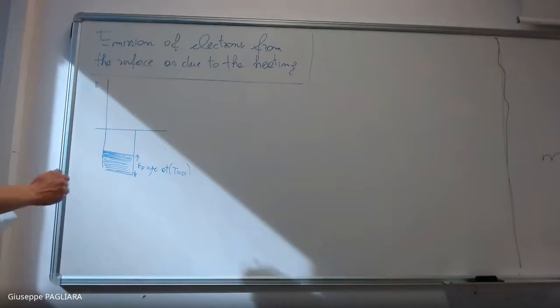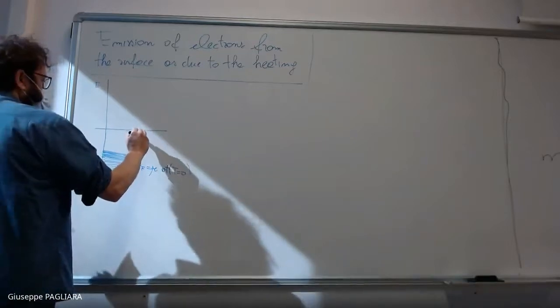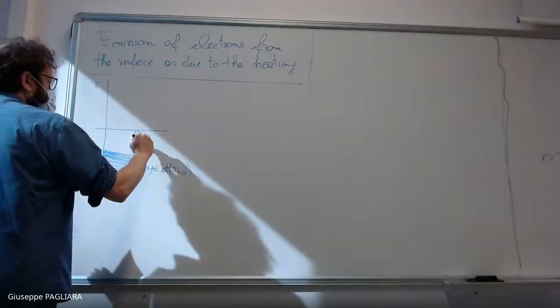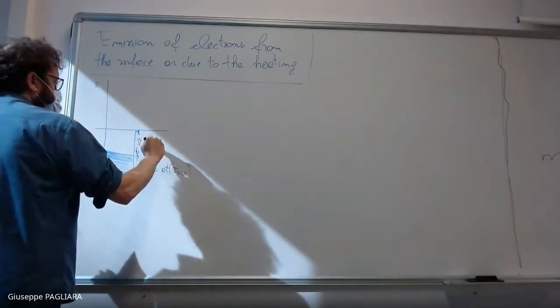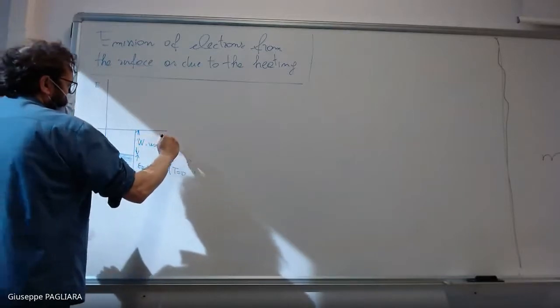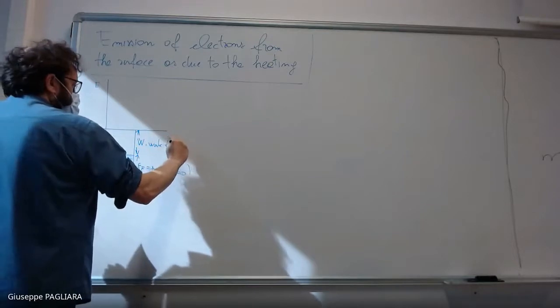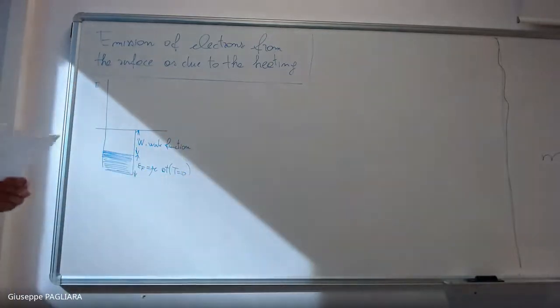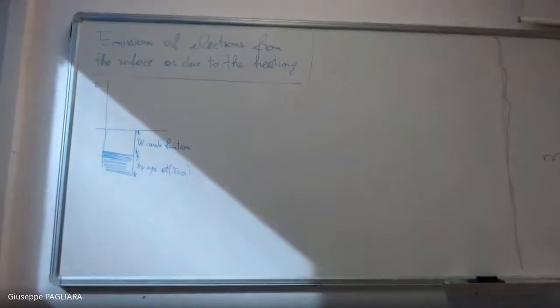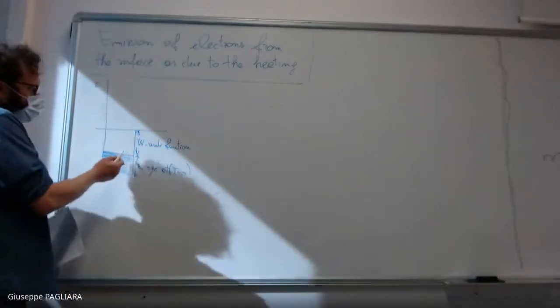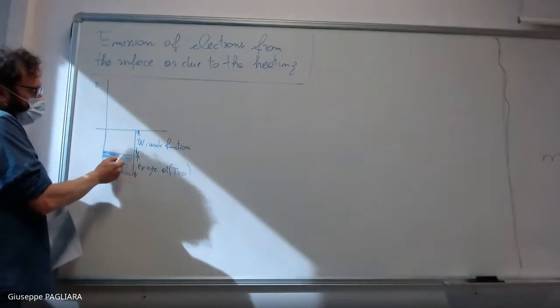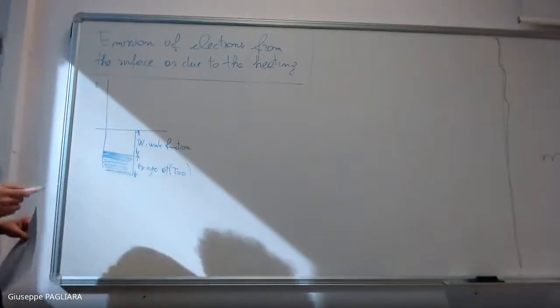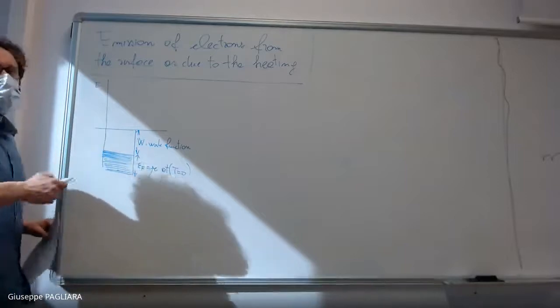And there is a gap here, which is called the work function, W, which is the energy required in order to take an electron from the Fermi surface and promote it to the continuum of levels.